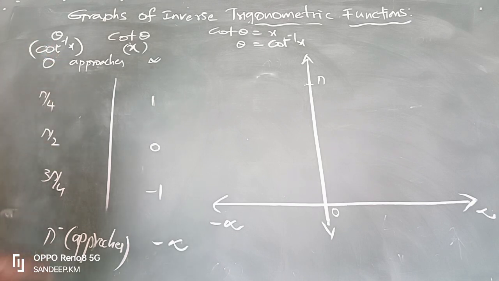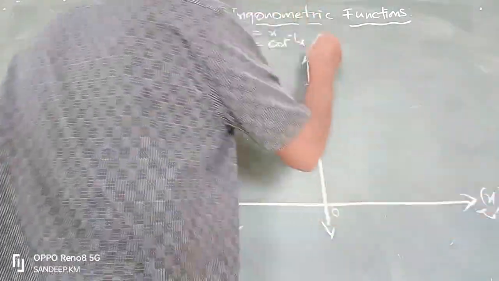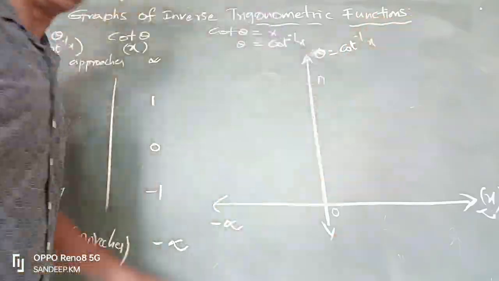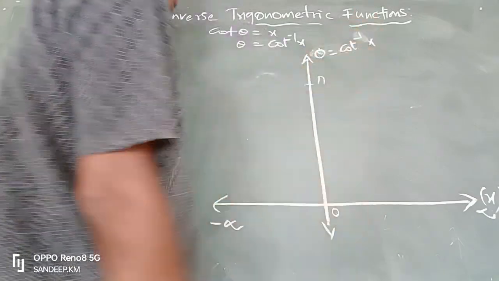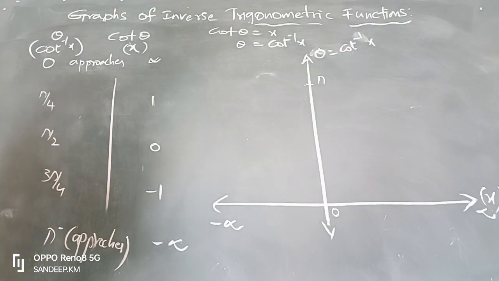Remember again, x is the input for cot inverse x and cot inverse x, that is y is equal to, or theta is equal to cot inverse x, is the output. Now plot these points on the graph.